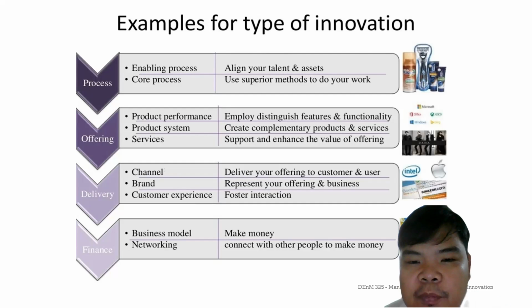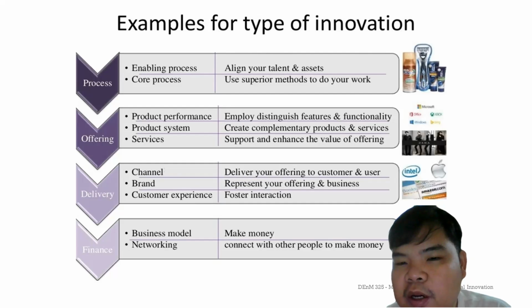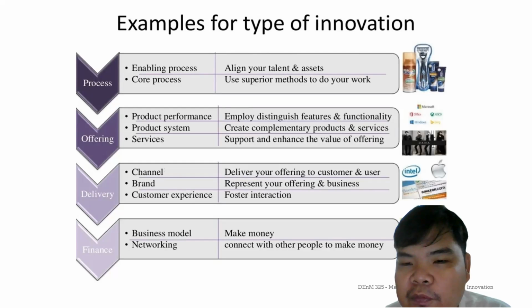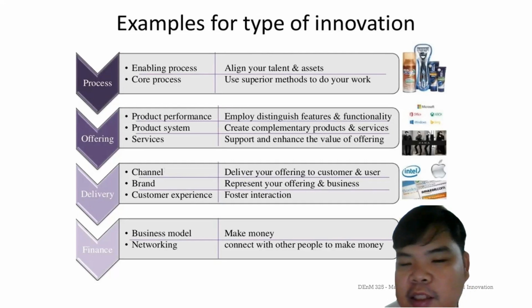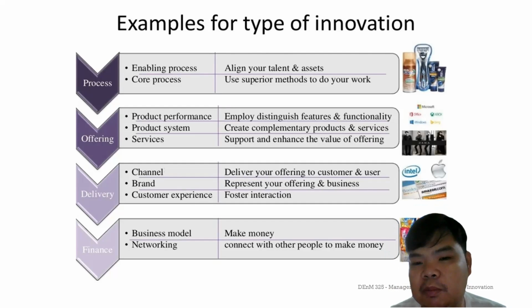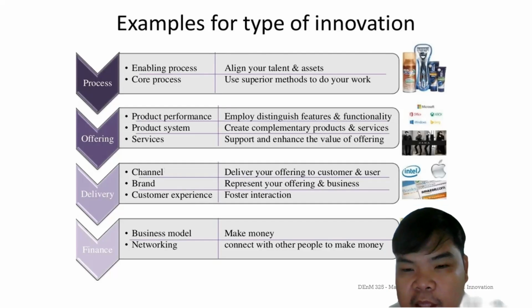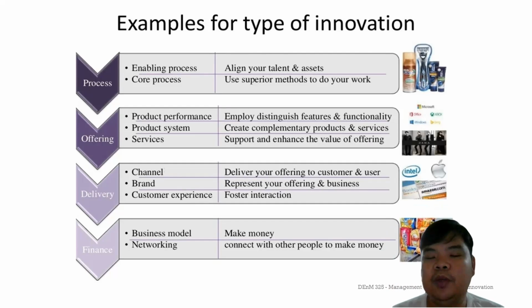When we say channel, brand, and customer experience, you will be delivering your offering to the customer and the user, representing your offering and business and fostering interaction. Lastly would be the business model and networking. This is about making money, and connecting with other people to make money. So it's more on the wealth or the earning of money.